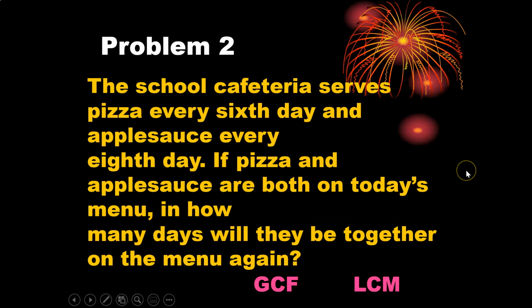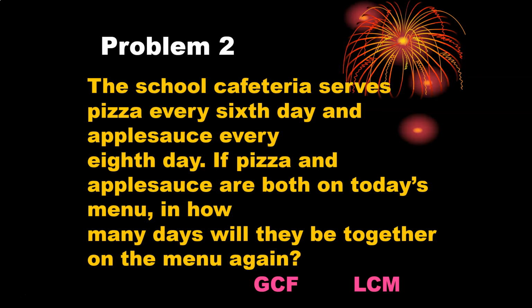Question number 2. The school cafeteria serves pizza every 6th day and applesauce every 8th day. If pizza and applesauce are both on today's menu, in how many days will they be together again on the menu? So think about this one, and what do you think?